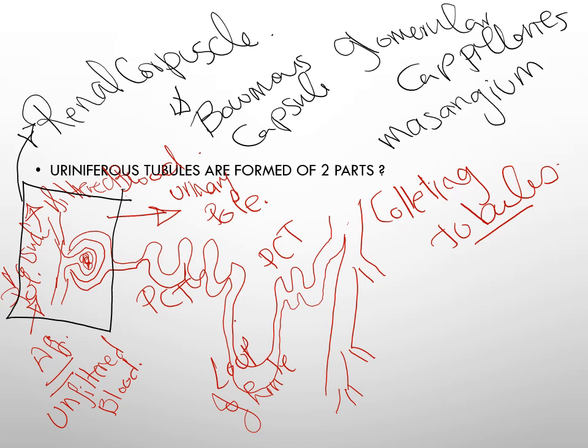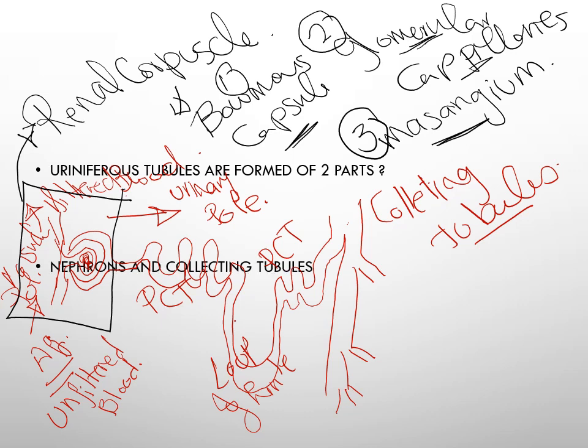The mesangium will be discussed in the next lecture. These form the renal corpuscle, whereas the uriniferous tubule is formed of the nephrons and the collecting tubules.